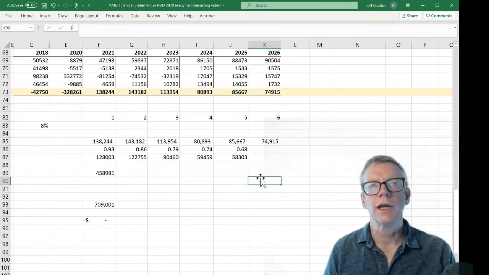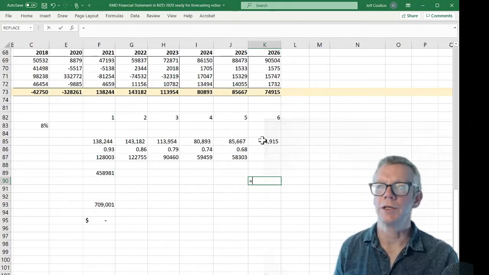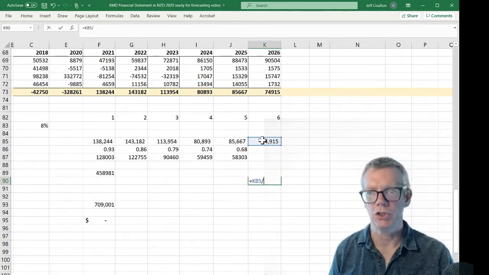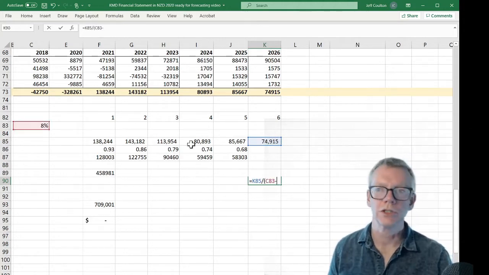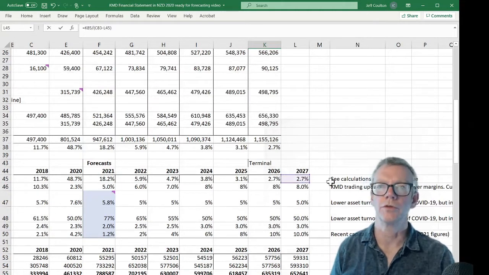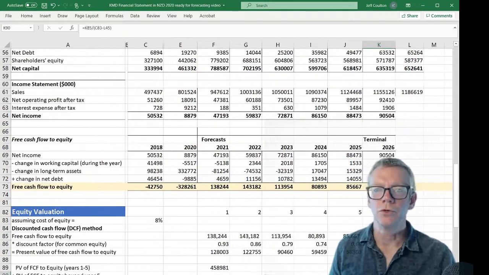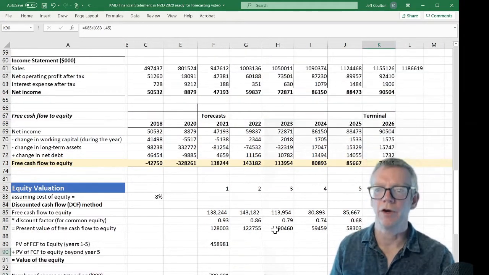So using our growing perpetuity formula, it's going to be the free cash flow divided by r minus g. 8% is our cost of capital, less g, which is going to be sales growth. So that's the future value of the free cash flows beyond year 5.